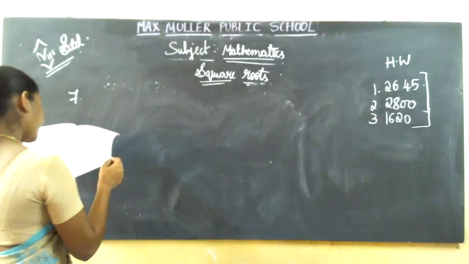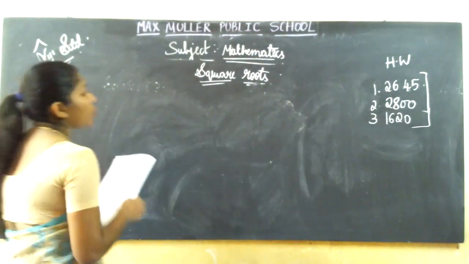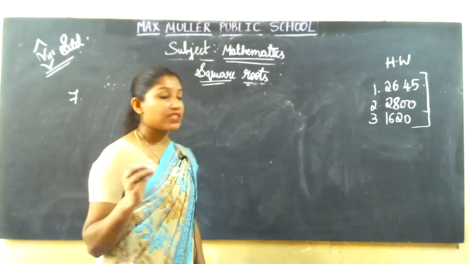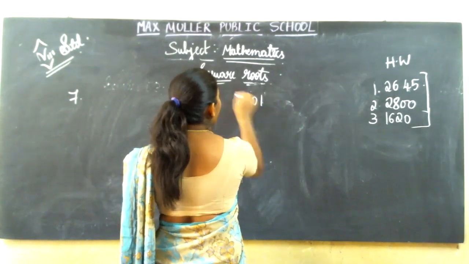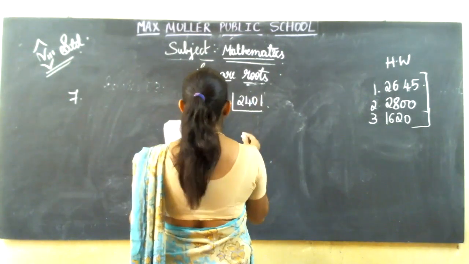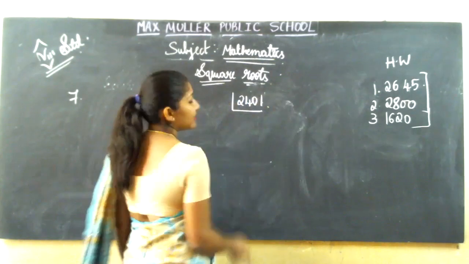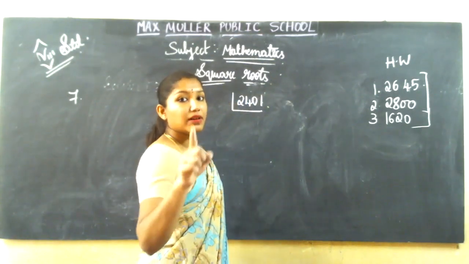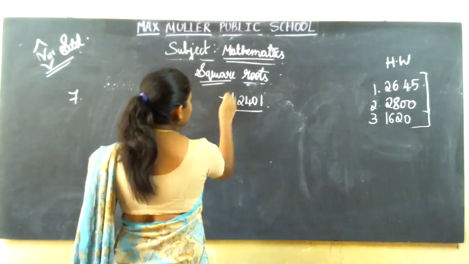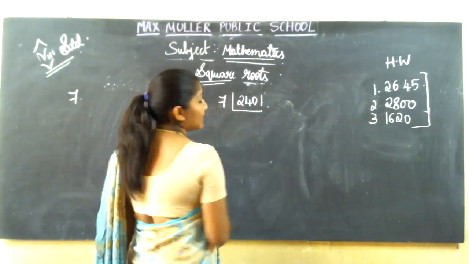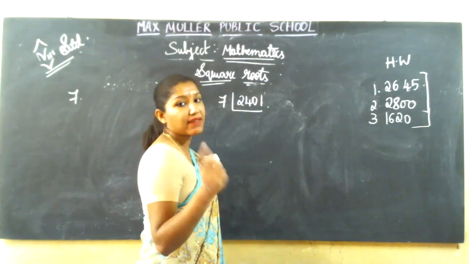So here, first, by the prime factorization method only you have to find it. 2401: as the last digit is 1, it comes under 3 or 7. So let us take 7. 7 threes are 21, or 3 sevens are 21.